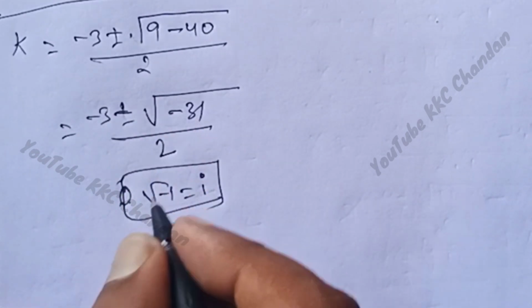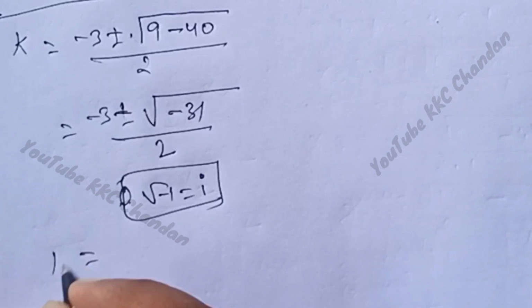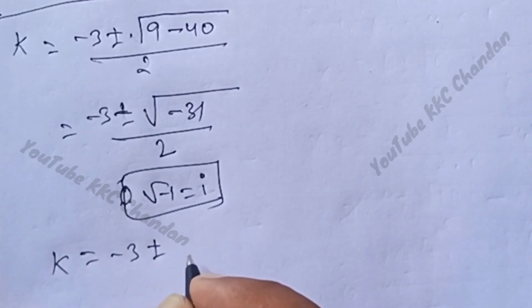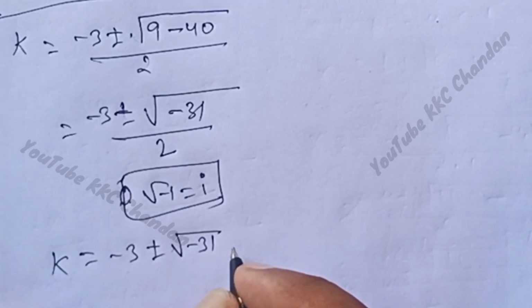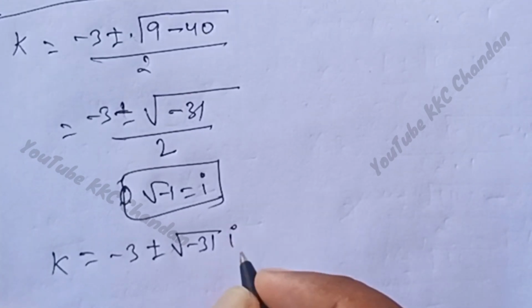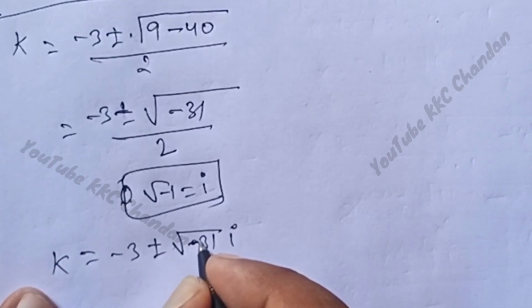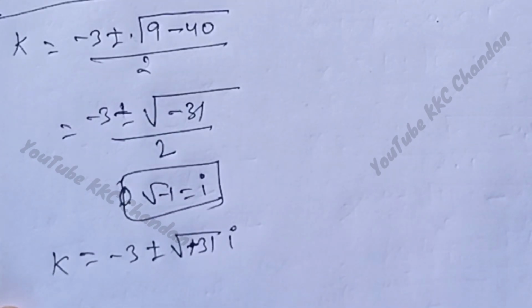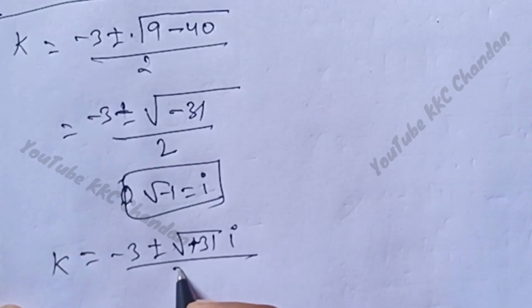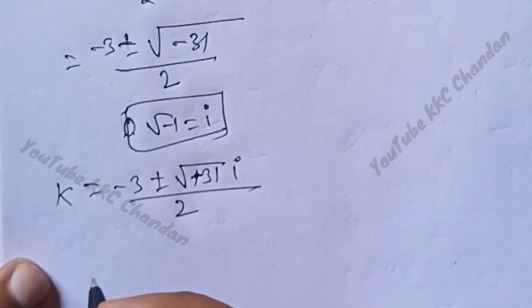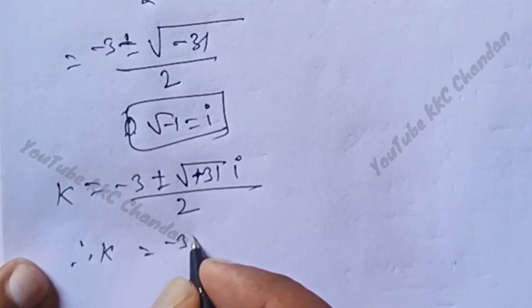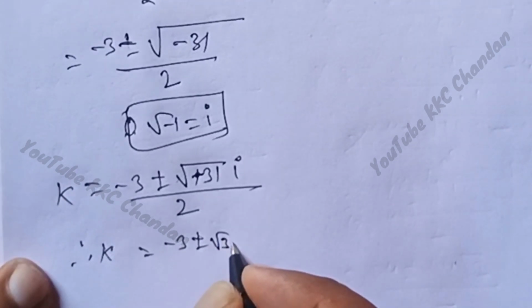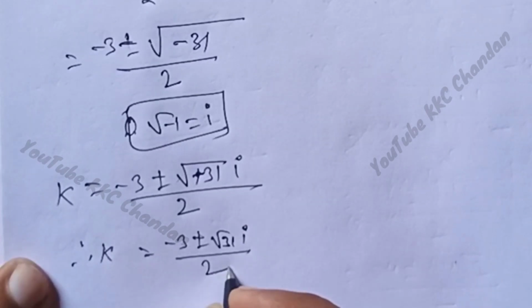So use this value: k is equal to minus 3 plus minus root under minus 31 iota. When the minus is removed, it is plus 31 iota divided by 2. Therefore the final value of k is minus 3 plus minus root 31 iota divided by 2.